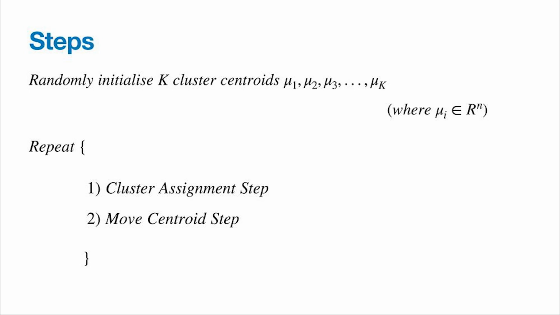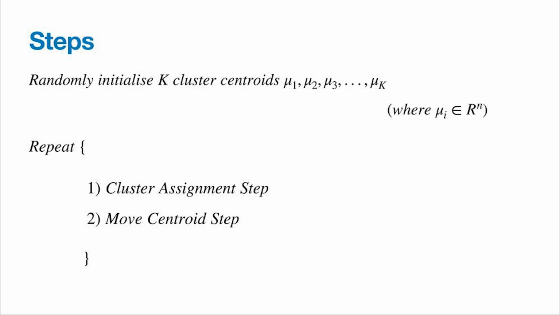And then we repeat these two steps: the cluster assignment step and the move centroid step. We repeat these two steps until we reach a certain conclusion, until the queen bees have decided that these are their clusters and they stop moving when they are sure.